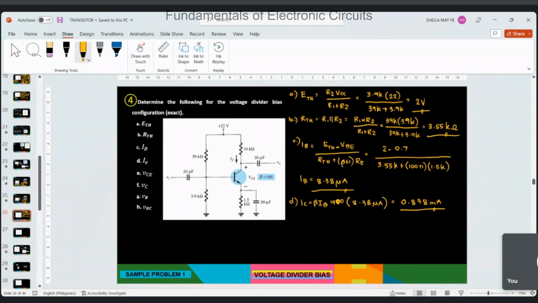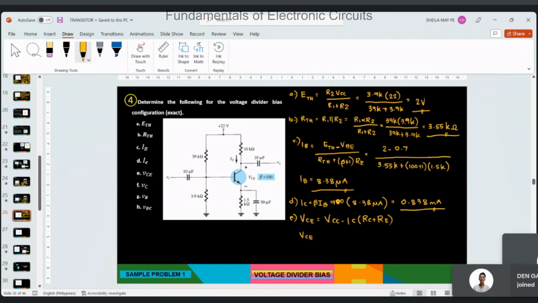Okay. Now for our VCE, we have the formula of our VCE of VCC minus IC times RC plus RE. Right?